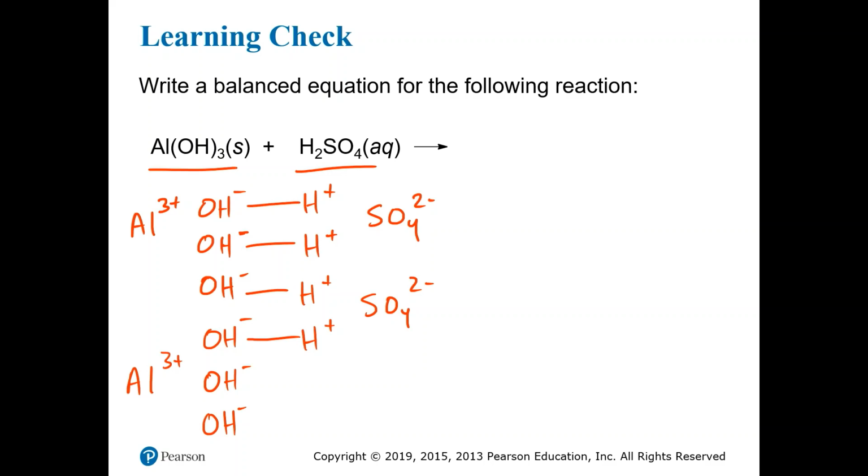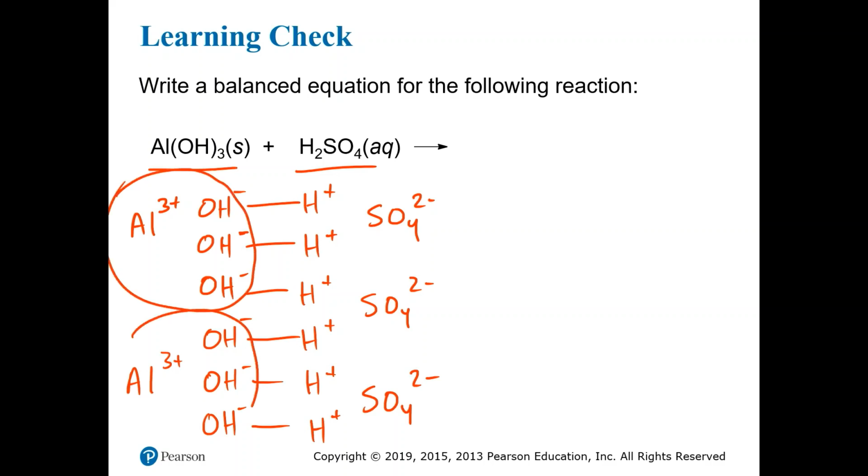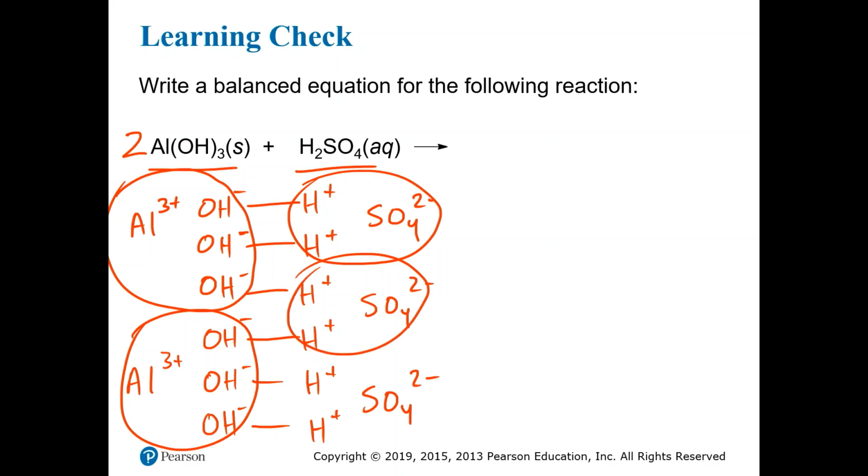And so we have to add 1 last mole of H2SO4 in order to balance those hydroxides. So what we end up with, if we look at what we added, is 2 moles of aluminum hydroxide, so I put a 2 in front there, and 1, 2, 3 moles of sulfuric acid, so I need to put a 3 in front there.